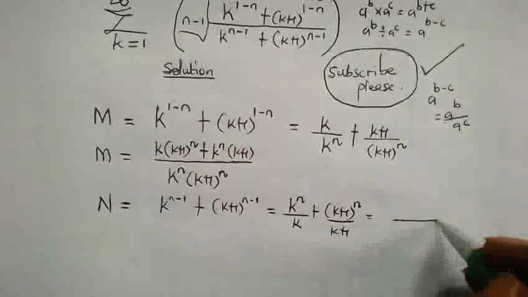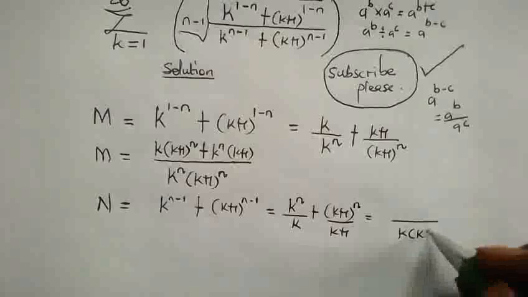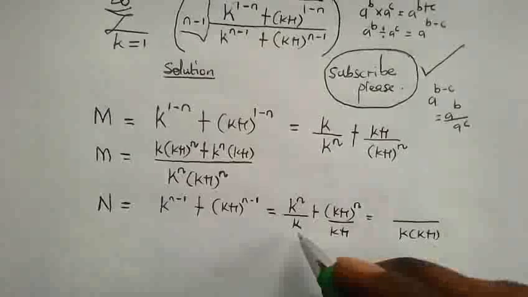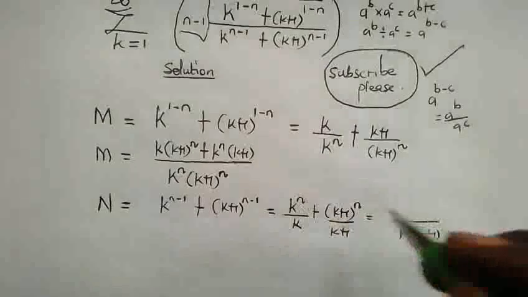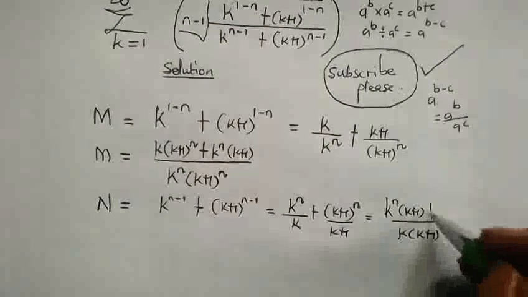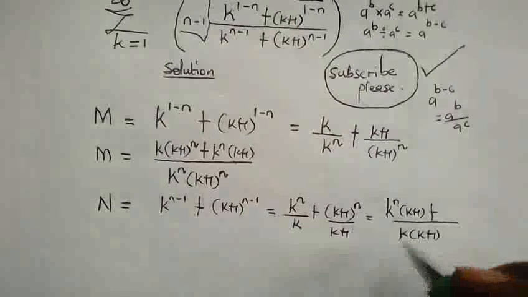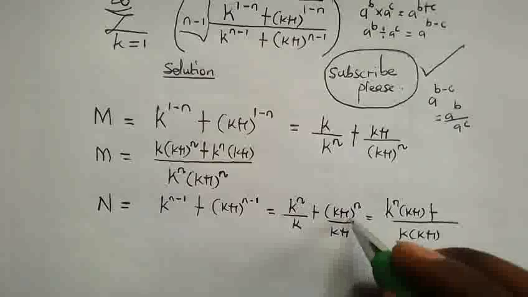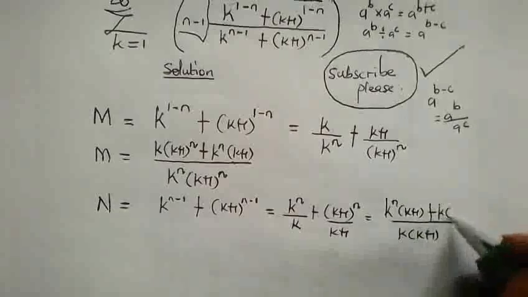The common denominator here is k times k plus 1. So this divided by this, we're left with k plus 1 times k raised to the power of n. Then plus, right over here, this divided by this, we're left with just k times k plus 1 raised to the power of n.